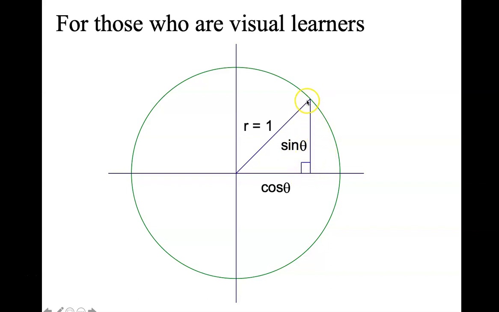And again, this is a reference triangle. I have a right triangle here, and I know that via the right triangle cosine squared plus sine squared equals the hypotenuse squared, or in other words, sine squared plus cosine squared is 1. So that's another representation you can look at.